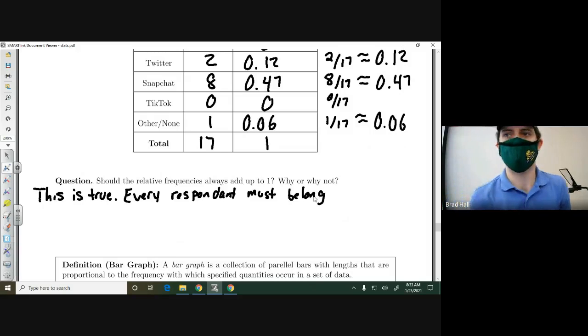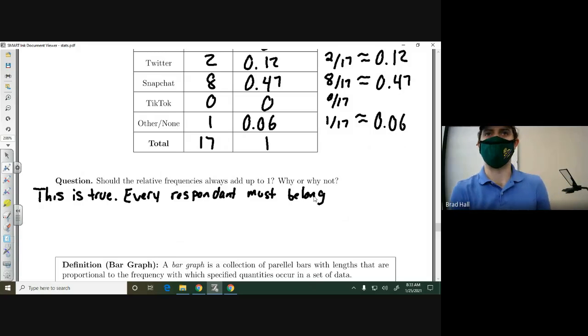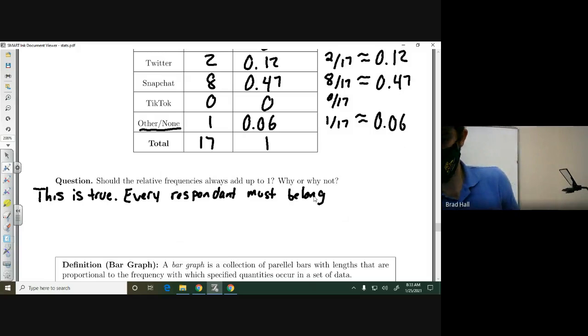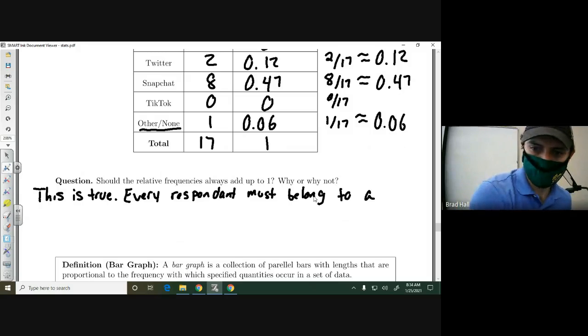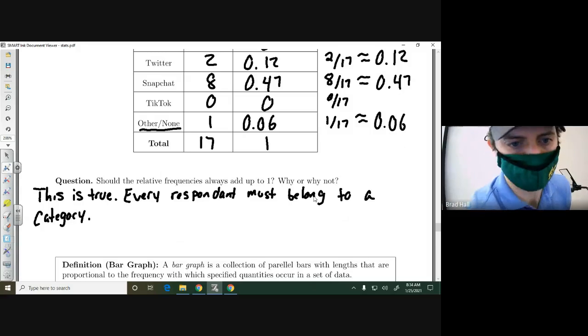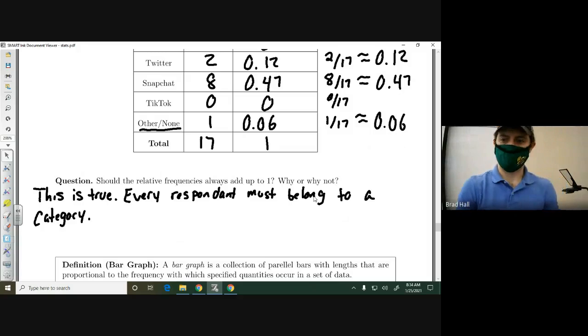Plus, if they did not add up to be 1, then that would imply that there's another category out there. But I took care of that by putting other/none. Every respondent must belong to a category. Cool.